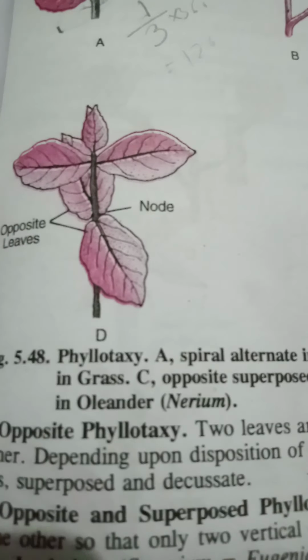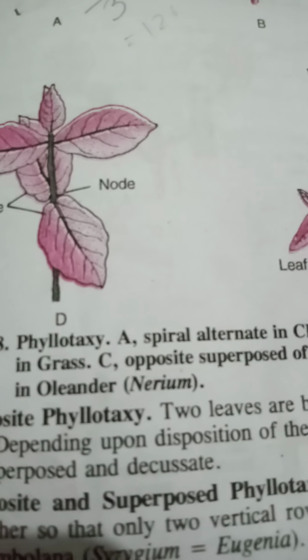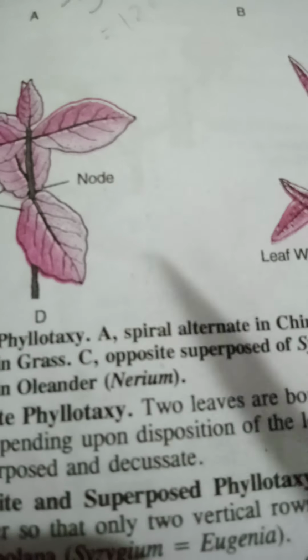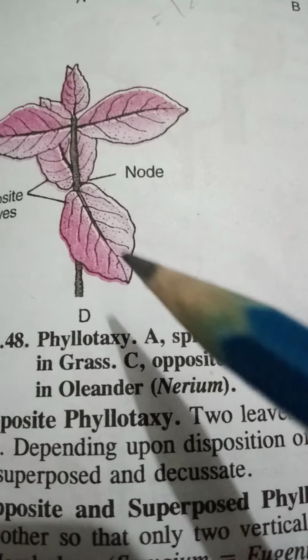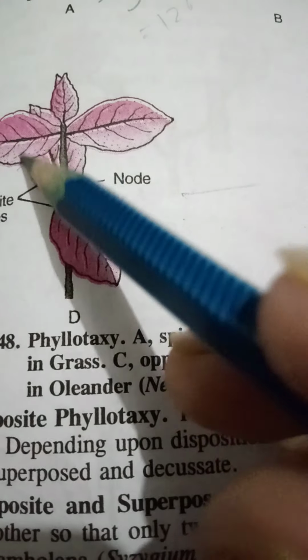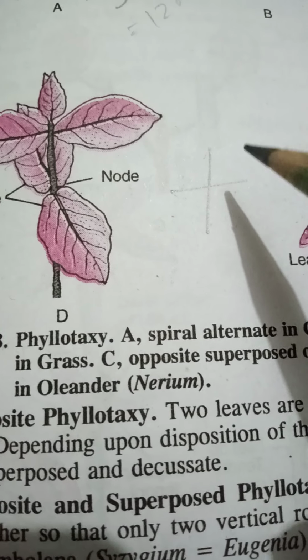Then the next one we get is the opposite and decussate phyllotaxy. So here the leaves are opposite at the successive nodes and they lie at right angles to one another, forming 4 rows. If this is an angle, this is the opposite angle, so the angle is 90 degrees.